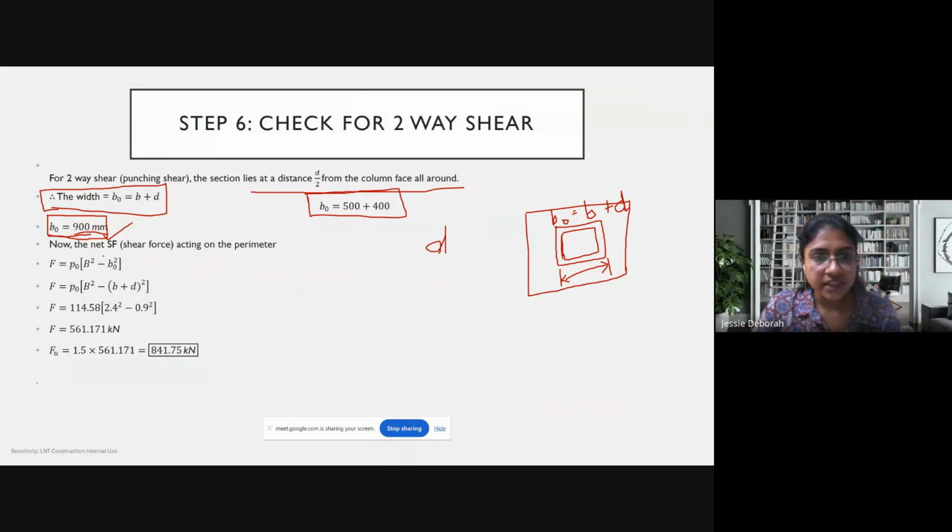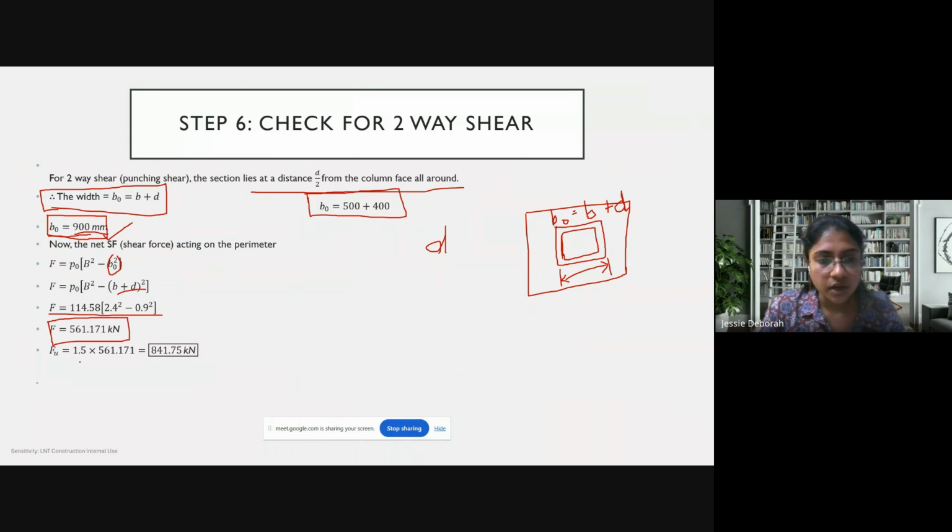Now the net shear force is going to be F is equal to P naught into B square minus B naught square, where B naught is B plus D. So F is equal to 114.58 into 2.4 square minus 0.9 square. If you calculate, your F is going to be 561.171.